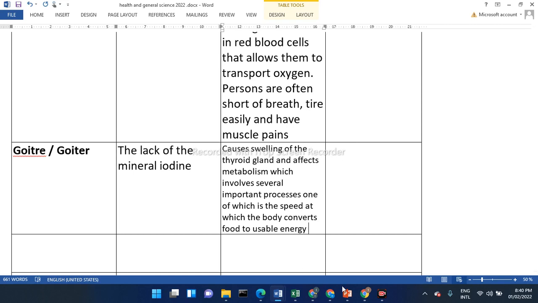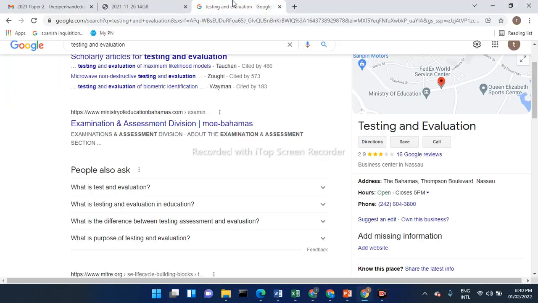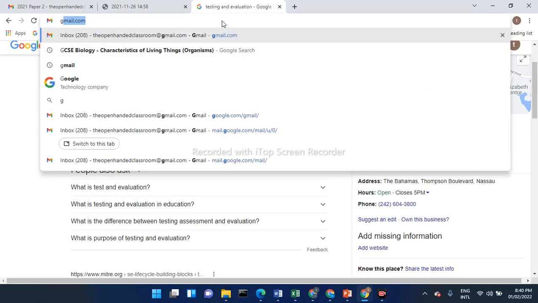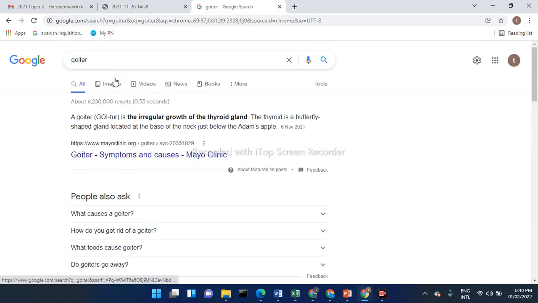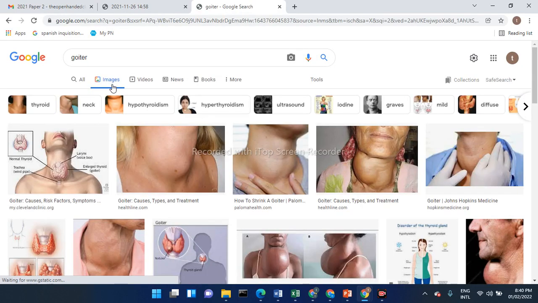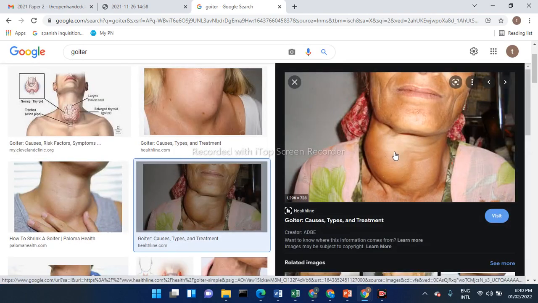It's called the swelling. Let me show you. I hate to do this. If you can't take it, just close your eyes. But this is how goiter looks. It affects the thyroid. Has anyone ever seen anyone like this before?